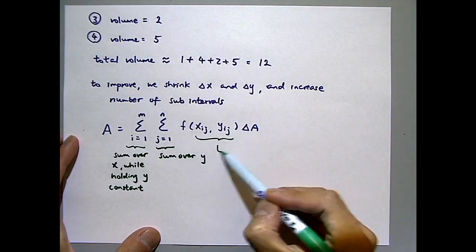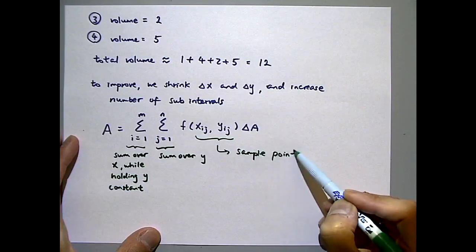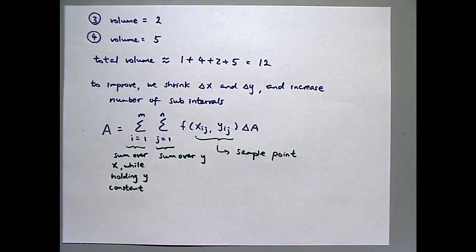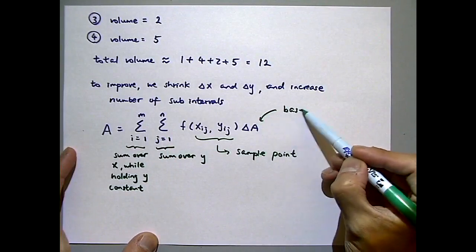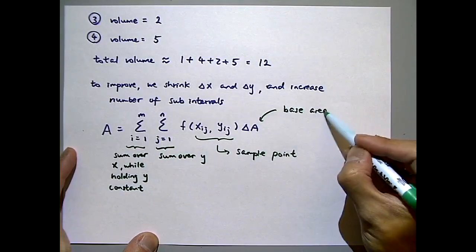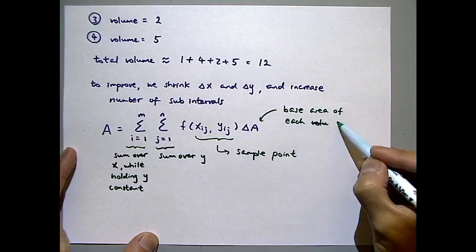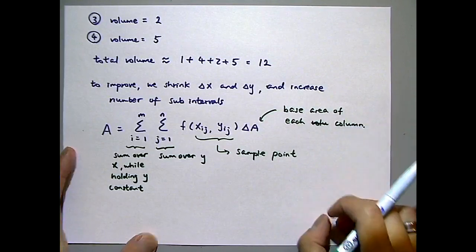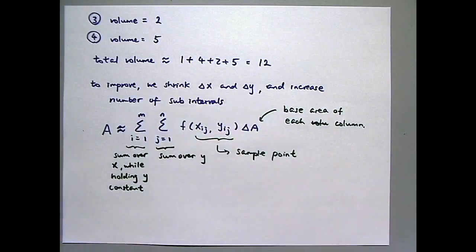And this right here, that's just our sample point, x_ij, y_ij. I is how we count x, j is how we count y. Here we use 2 for each one. M and n were both 2, but in general, they could be anything. And delta A, this is the base area of each column. Sorry, this is an estimate here, so roughly equal to.